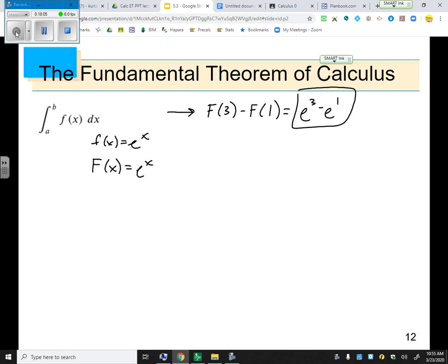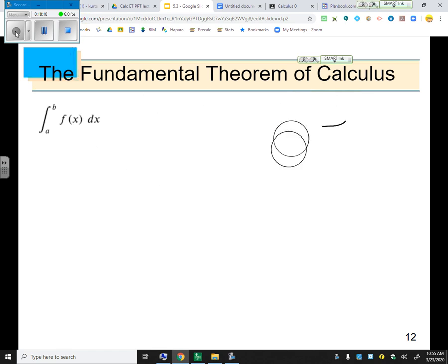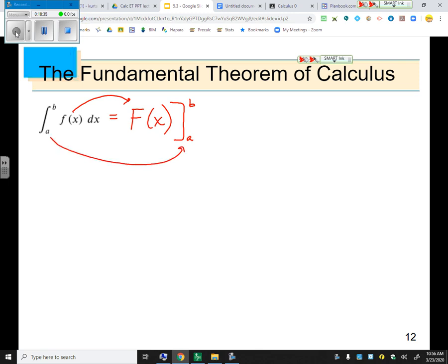Okay, now, the way that I just wrote it is not going to be the only way that you see it. You might see it a couple different ways. What you'll see me do most of the time is rewrite my function as its antiderivative and just evaluate it from a to b, so that my upper and lower limits of integration just come straight over.